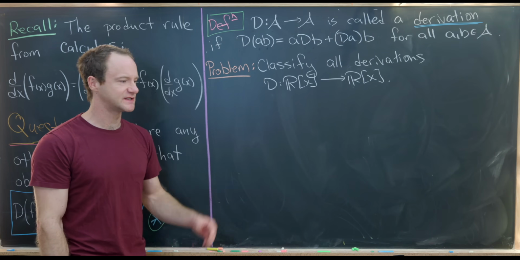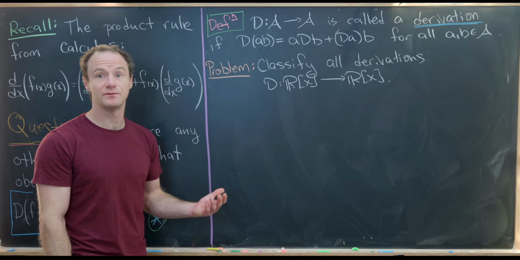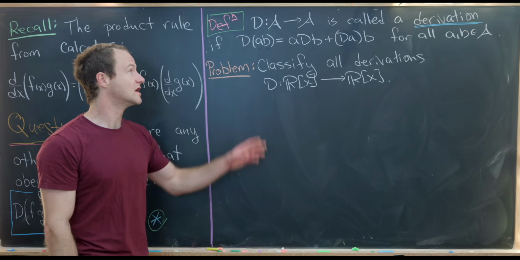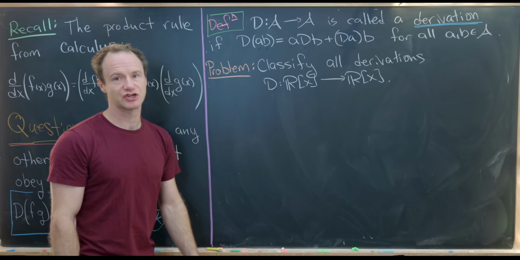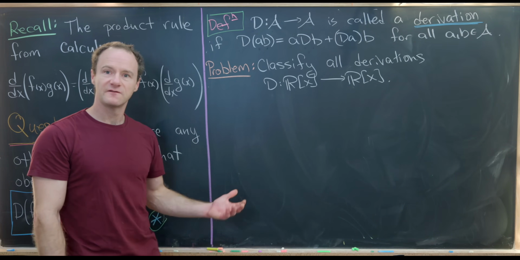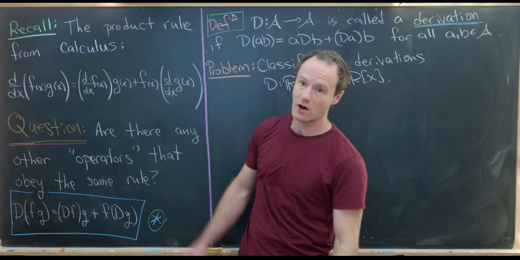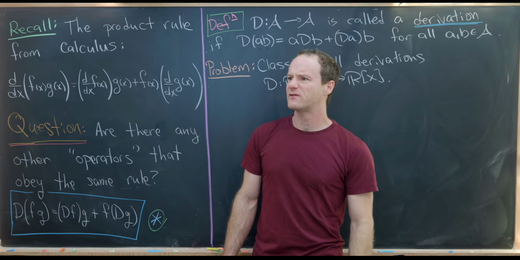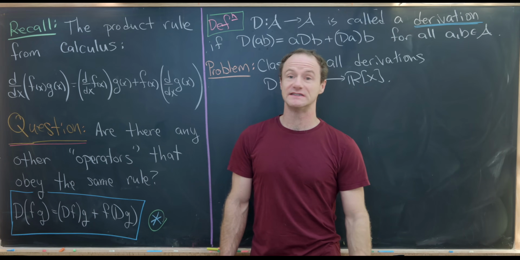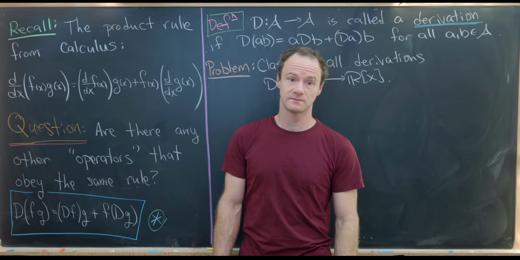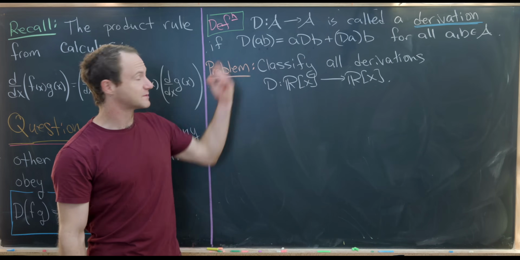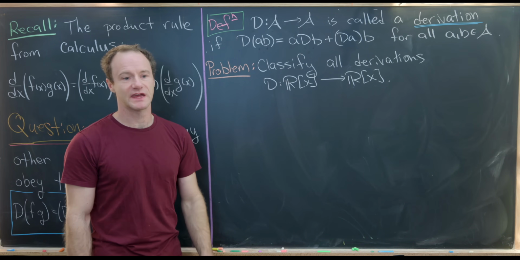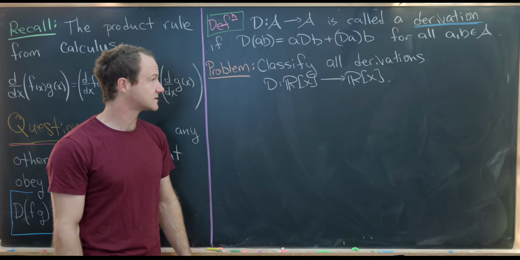That's pretty interesting because the cross product is non-commutative and non-associative, but we still had a derivation in that space. Finally, in the example from calculus, our algebra would be given by the set of all differentiable functions. And then multiplication is really just multiplication of those differentiable functions.